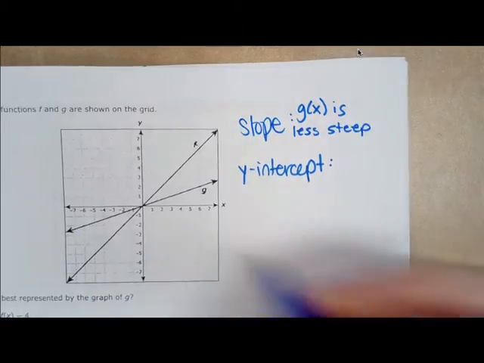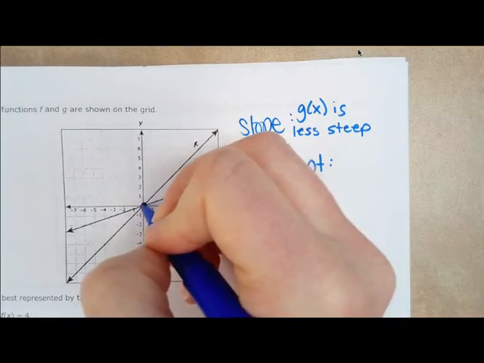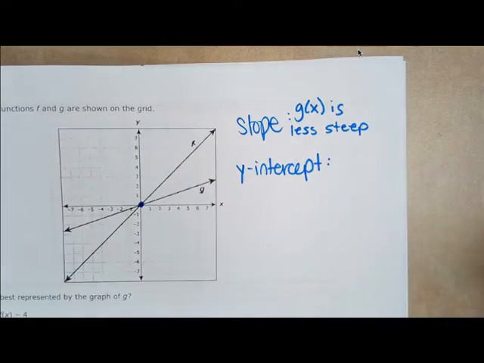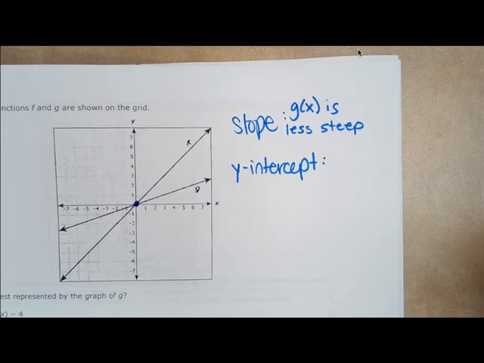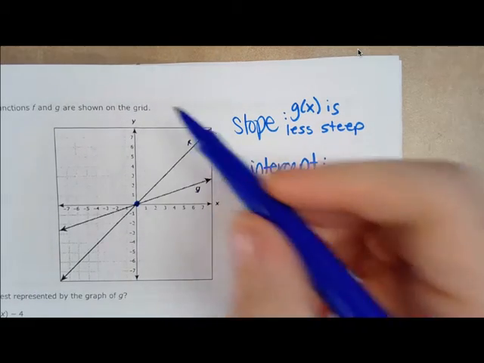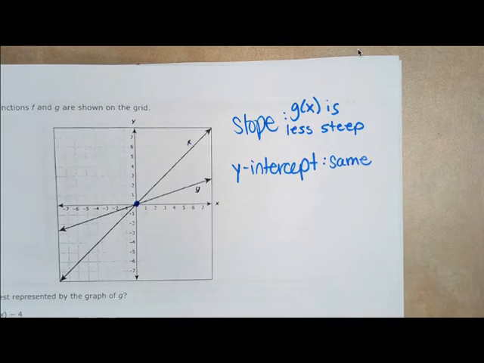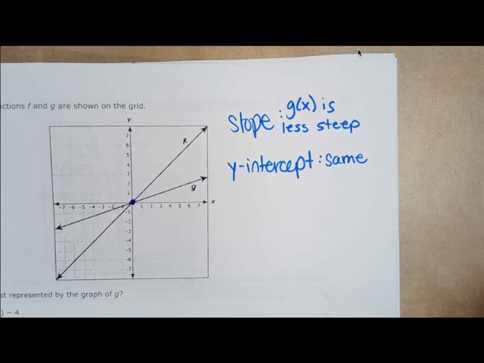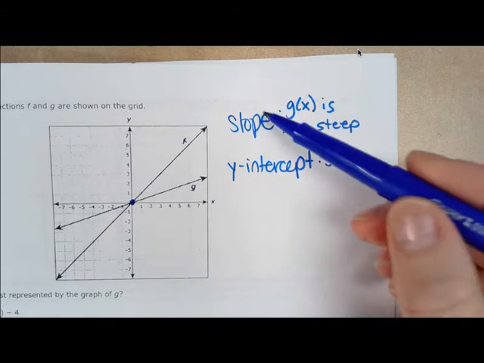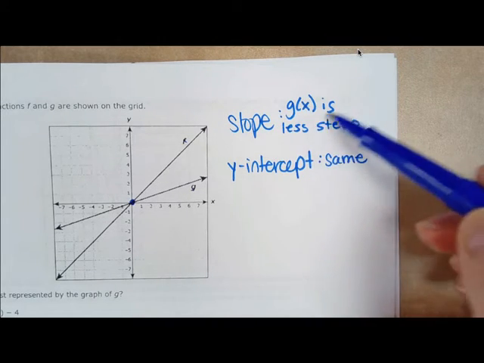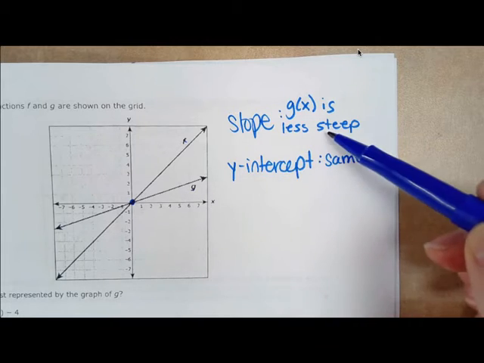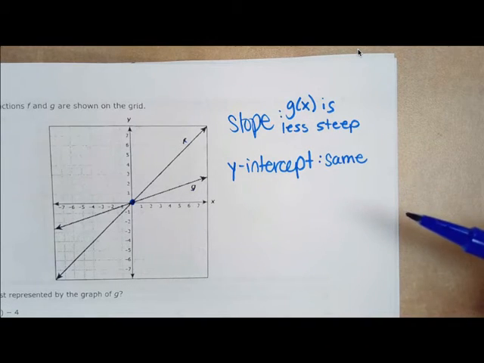And what about the y-intercept, where they cross the y-axis? It's the same. So the slope is less steep, but the y-intercept is the same.